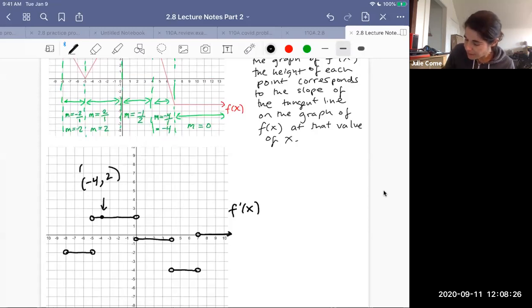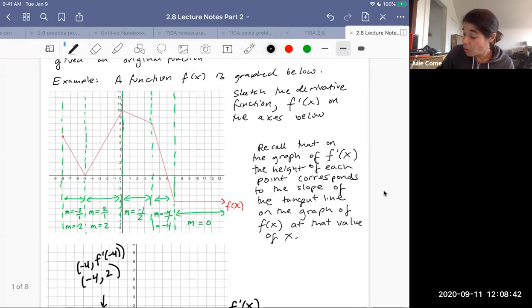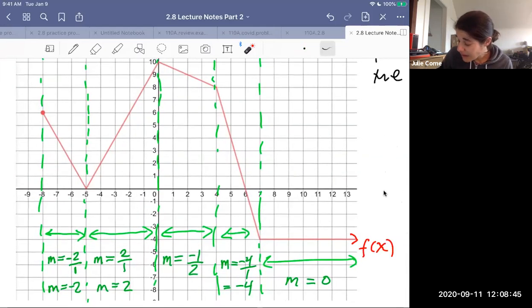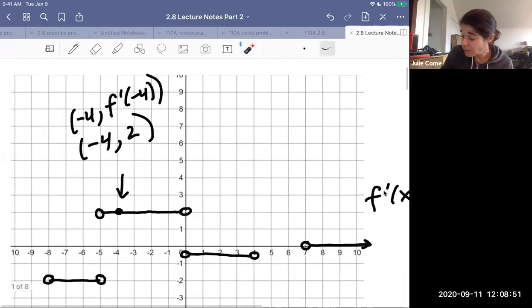It tells me that for the x value -4, the value of the derivative at that value of x, aka f prime of -4, which remember means the slope of the line tangent to my original function right when x is -4, has to be equal to 2.